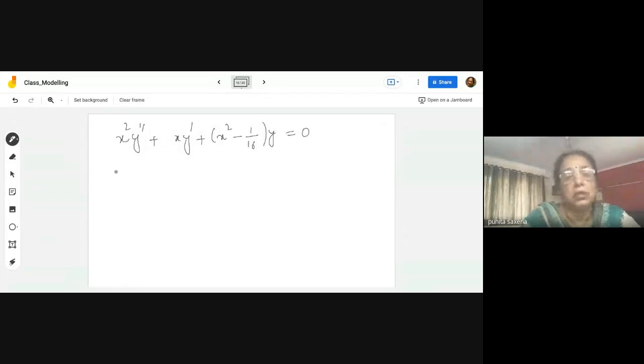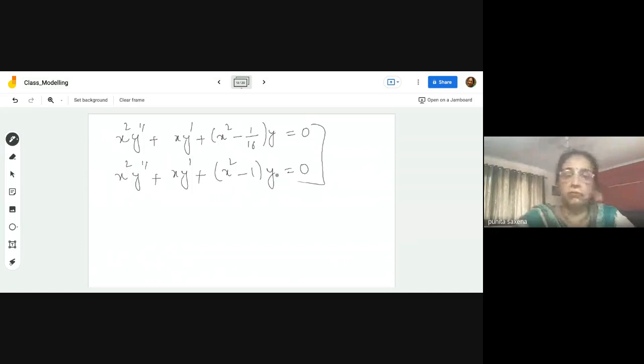Okay. Similarly, question number 39, it says x square y double dash plus xy dash plus (x square minus 1) y equal to 0. Okay. So just try these three yourself and you'll be able to do this. Okay. Is that okay?